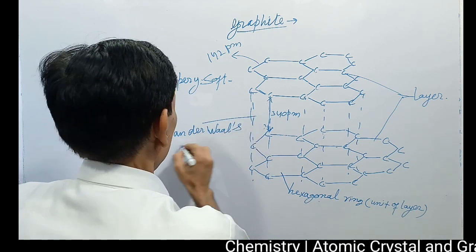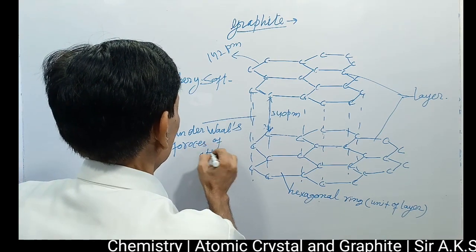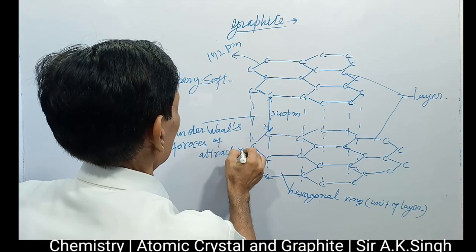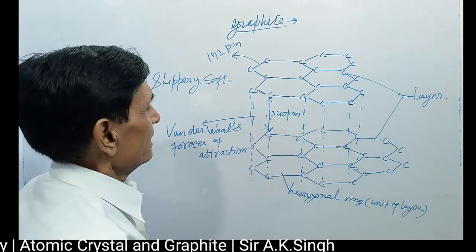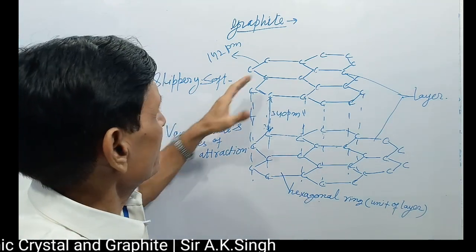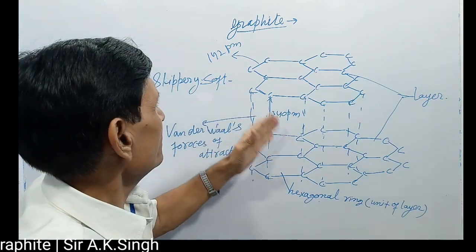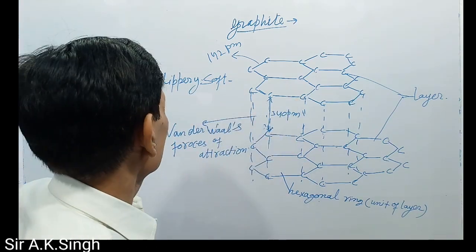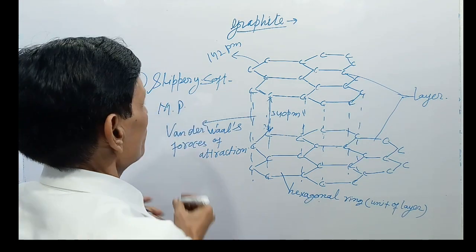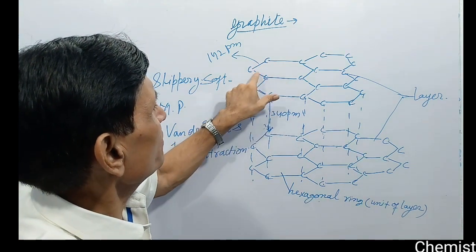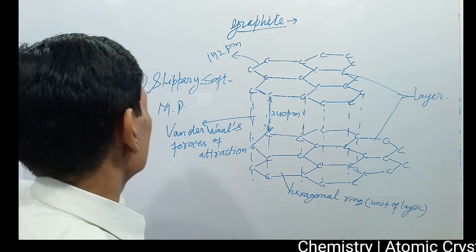Because of this weak force, one layer can slide over the other layer, and it is slippery and soft, used as a lubricant. Graphite has a high melting point. Why? Because of the strong covalent bonds between carbon atoms, it has a high melting point.